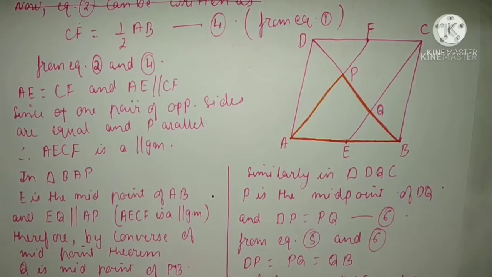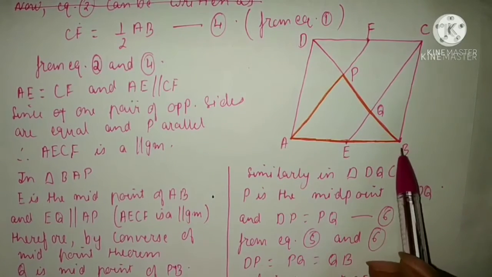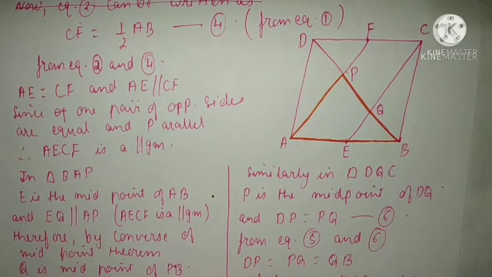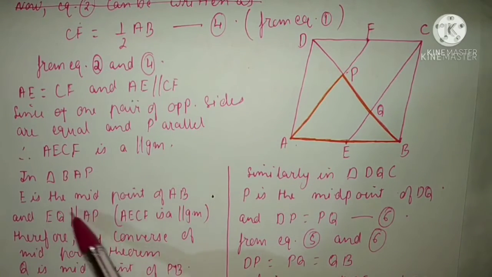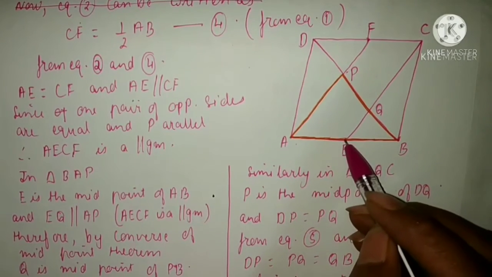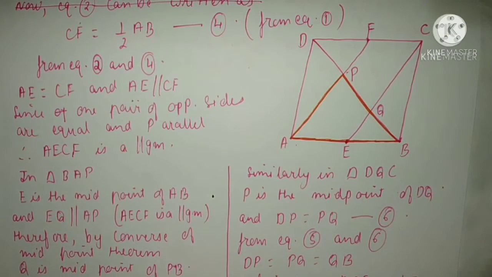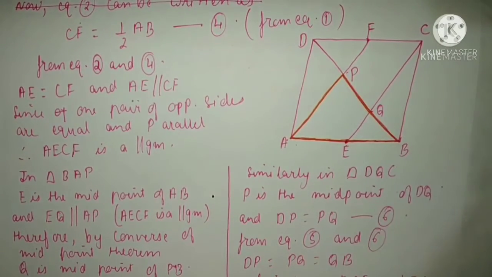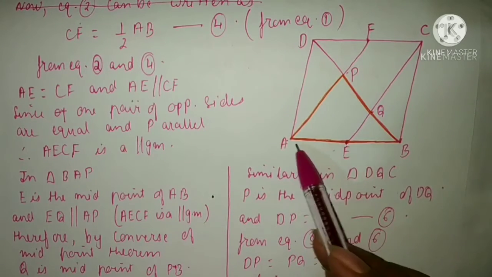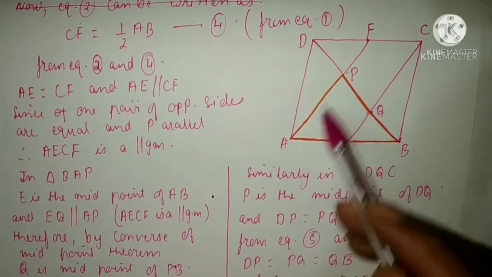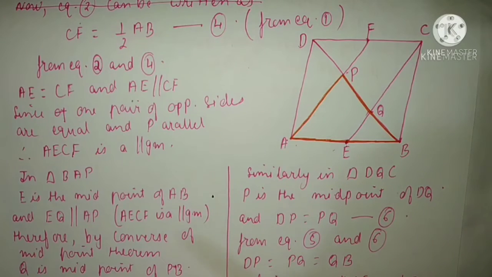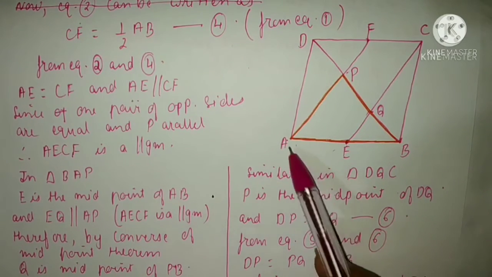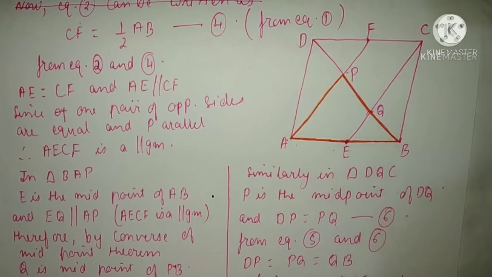Now see the triangle BAP. In this triangle, E is the midpoint of AB. This E is the midpoint of AB. Okay, and EQ is parallel to AP. Why? Because this is a parallelogram. Okay, so these two lines will be parallel. So EQ is parallel to AP because AECF is a parallelogram.